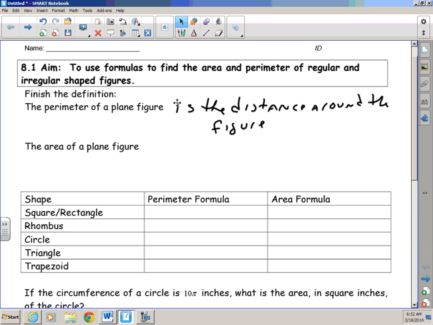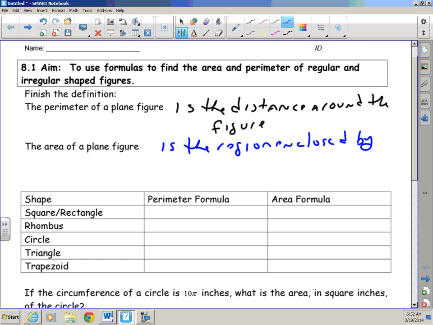And the area of a plane figure is the region enclosed by the plane figure, measured in square units.